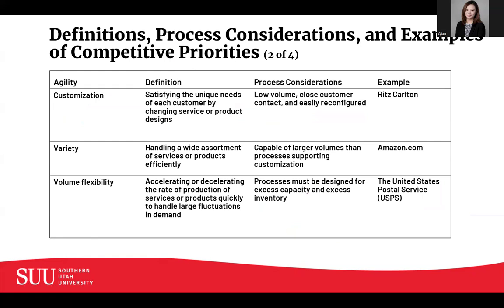So this is the variety aspect of agility, as well as the customization, like wedding planning and others. I just hope those slides can help you have a better understanding of those five competitive priorities dimensions. Okay.